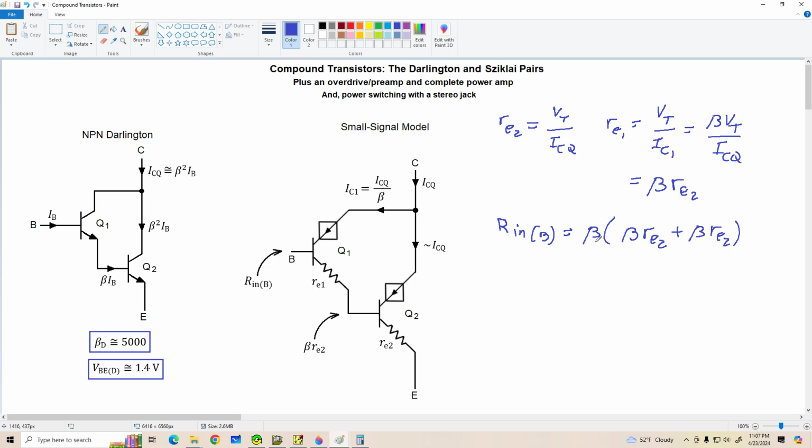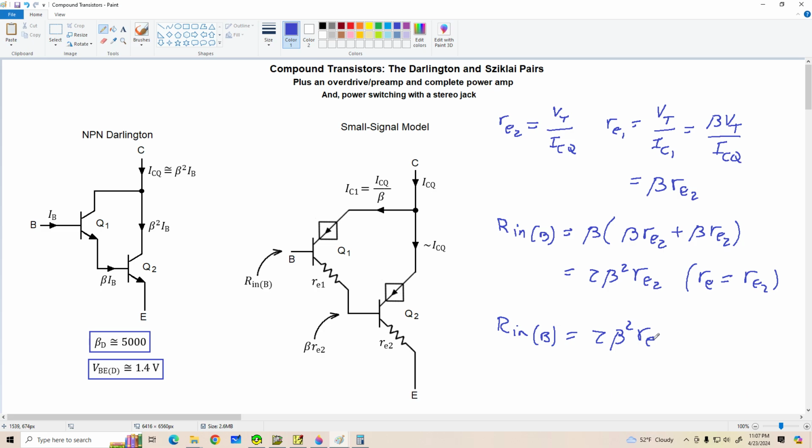So we can simplify this, and what we get is 2 beta squared times little re2. Now, for the sake of simplicity and writing convenience, let's just say that little re overall for the Darlington is the same thing as little re2. So finally, we get the equation for Rin to the base is 2 beta squared times little re.